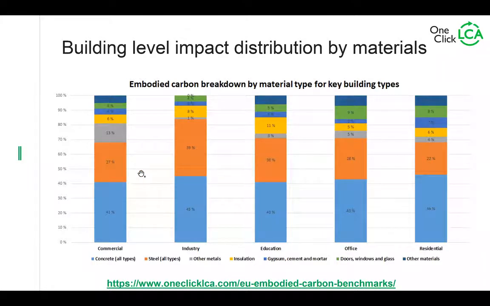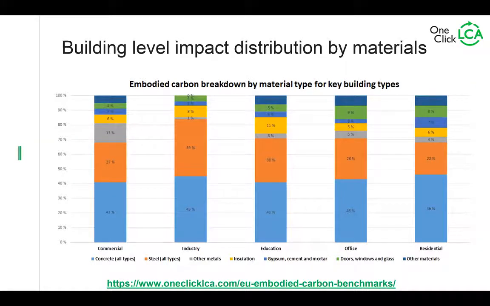Steel varies more, from about 20 up to 40% for industrial buildings, which usually have a steel frame and very often a steel enclosure also. Other metals, which is predominantly aluminium but also copper, are far more used in office buildings, which tend to have curtain walls consisting of glass and aluminium.